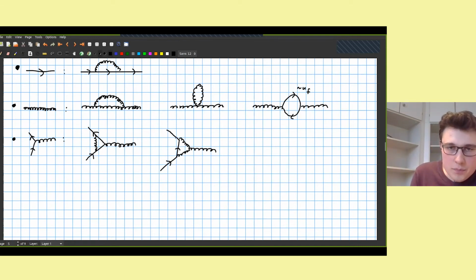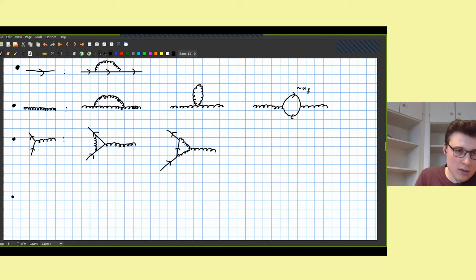Okay, so of course, if you wish, we have covered both vertices now. The four-gluon vertex in this graph and the three-gluon vertex in this graph. However, there's obviously no space to squeeze in a four-gluon vertex. So we would need four gluons for that, but we cannot generate them at one loop level. So that's all we can do right here.